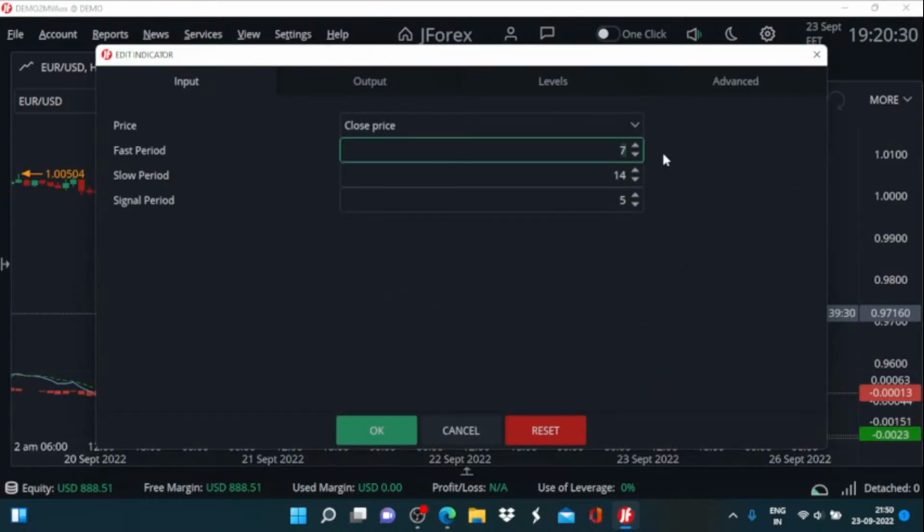Now coming to fast period again, I'm going to restore it back to 12, or let's try out what happens when we increase these two higher values, say 50 and here 20.